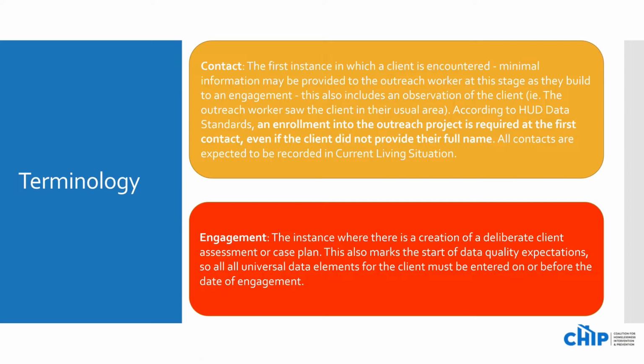It's there to differentiate those clients that you may not fully engage, that you might just give occasional services or trinkets, versus those that engage in an actual case plan.